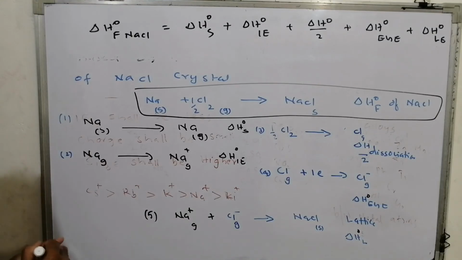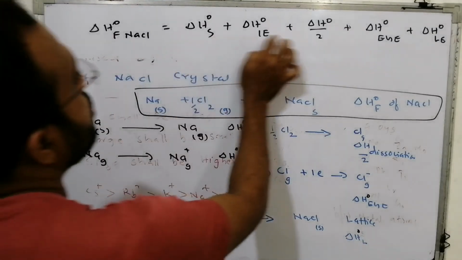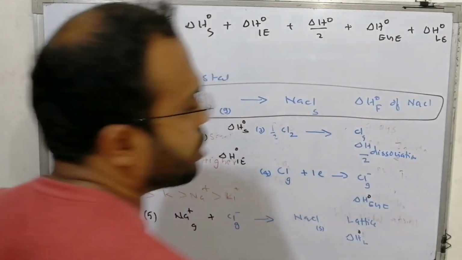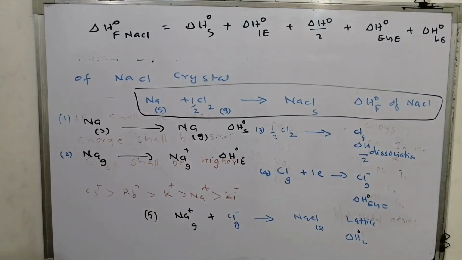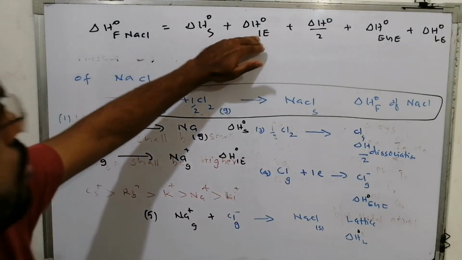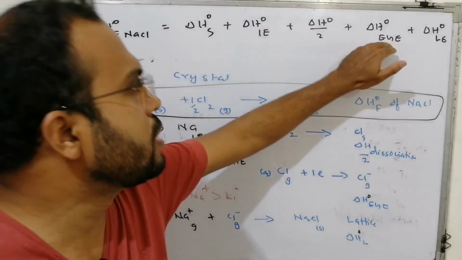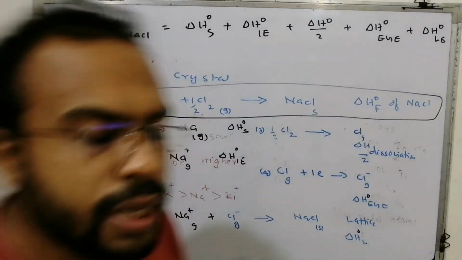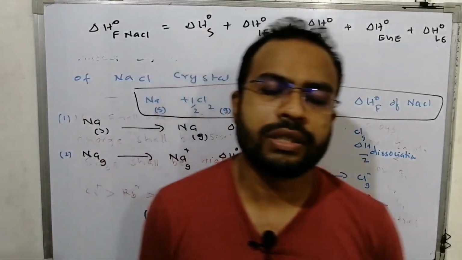This is Hess's law. All are standard state. If you know all these values, you can calculate the lattice energy, because the others are already known.